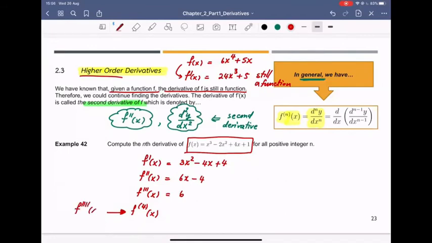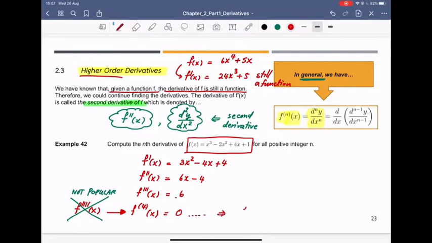It is not popular to use prime after the third derivative. So starting from the fourth one, we use parentheses and then the number. This is going to be 0, because when you differentiate a constant, you always get 0, right? You keep going and you keep getting 0.